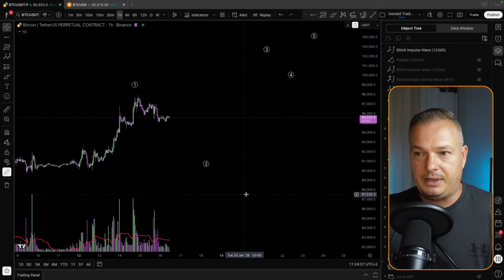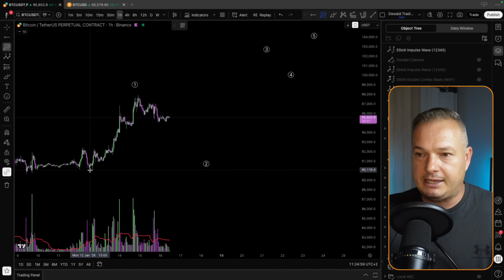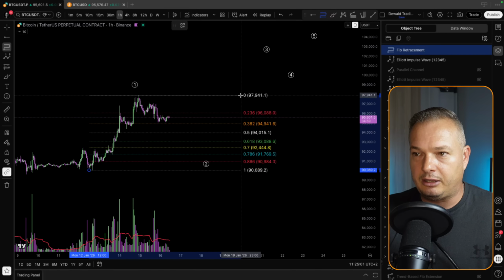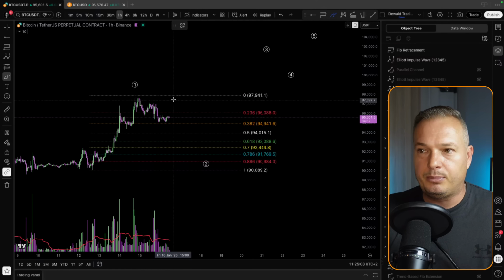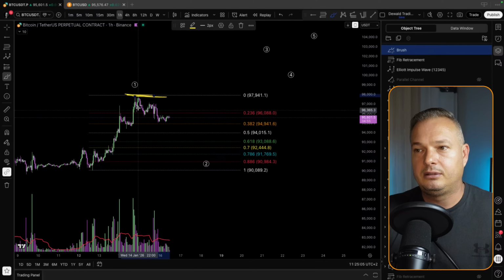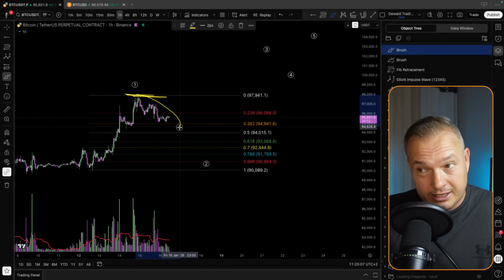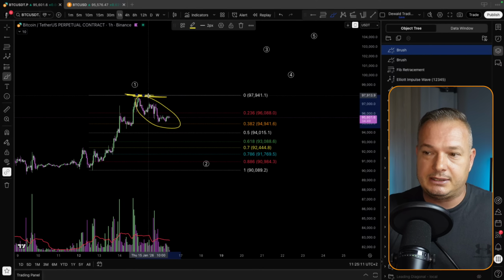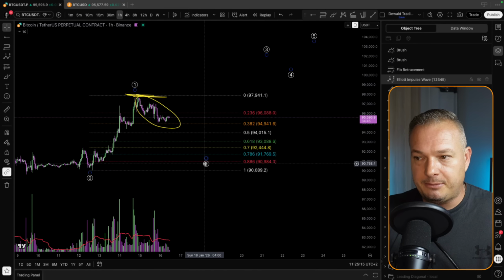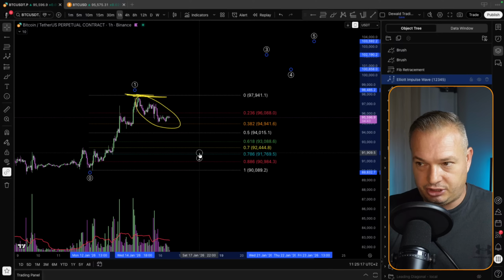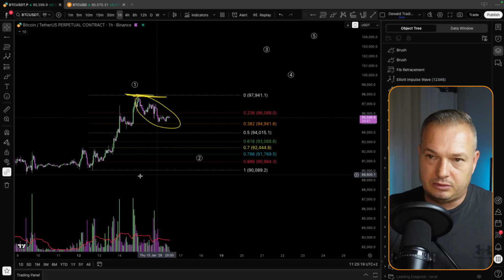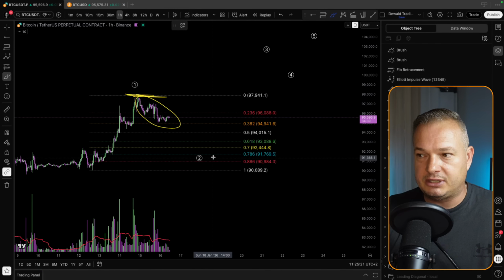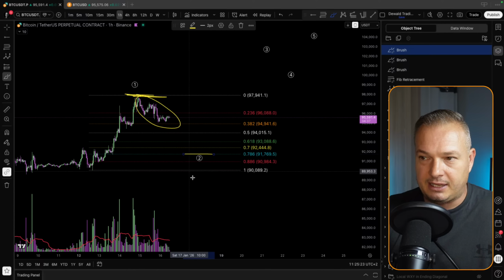Okay, the best areas to look for longs is obviously taking your fib from the low to the high, because there's a chance that your impulse is done. For now, there's a higher chance that this structure is corrective until proven otherwise. Maximum target for your second wave is the 0.786.